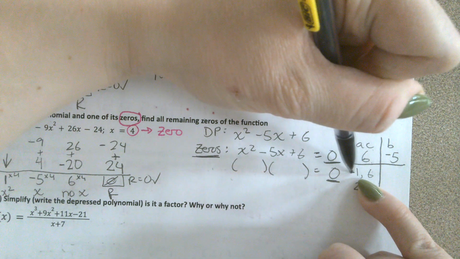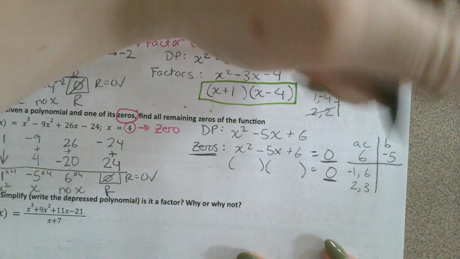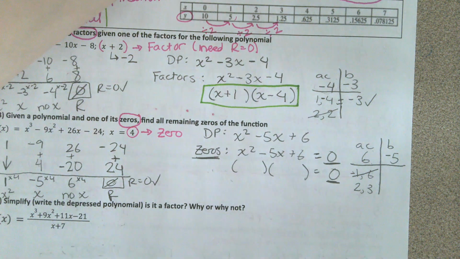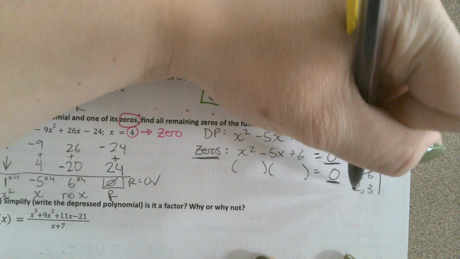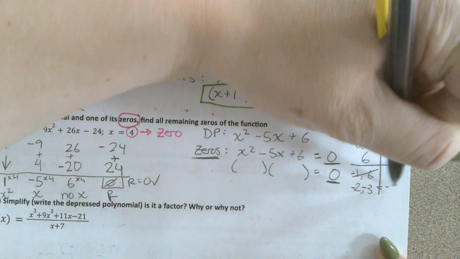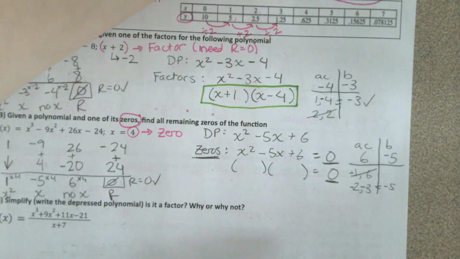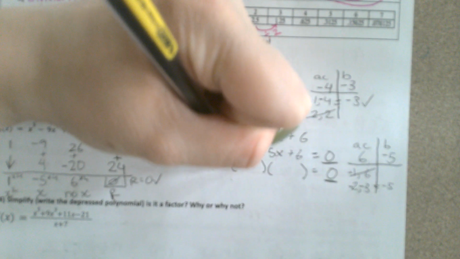But if this is a -1, that times 6 is -6, and I need a positive 6. So that is actually not going to work. 2 and 3 right now would give me positive 5. If I make them both negative, they give me a -5. And then on top of that, -2 times -3 is positive 6. So that is what I needed.